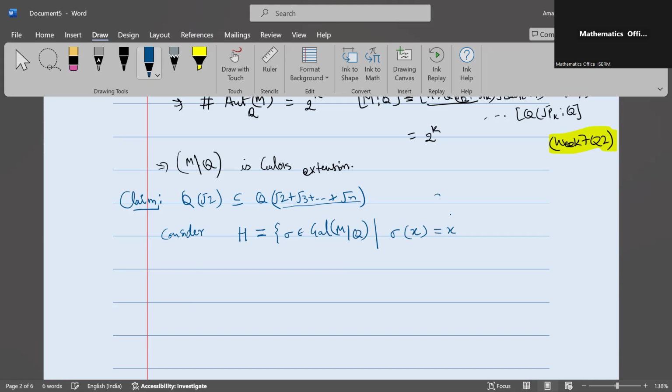X is just this element, root 2 plus root 3 and so on plus root n. And define another subgroup H prime of the Galois group, which is the collection of those automorphisms sigma such that they fix just root 2: sigma of root 2 equals root 2.